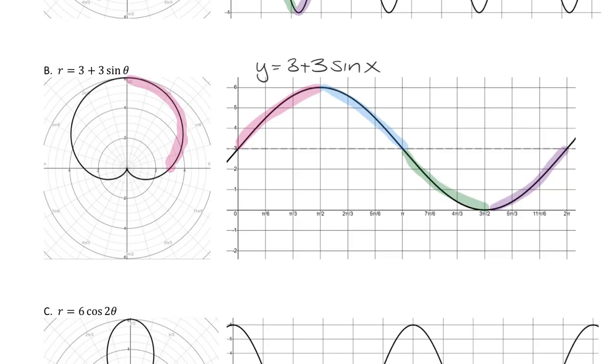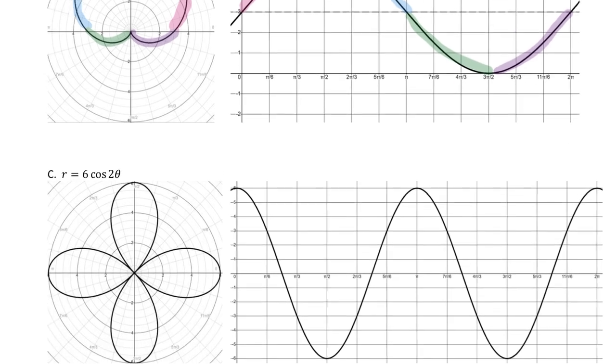We go away, then we come towards, then we go away, then we come towards that center line. There is a connection between these shapes that's very helpful to make when we're trying to understand polar functions, since we know a whole lot more about the xy coordinates.